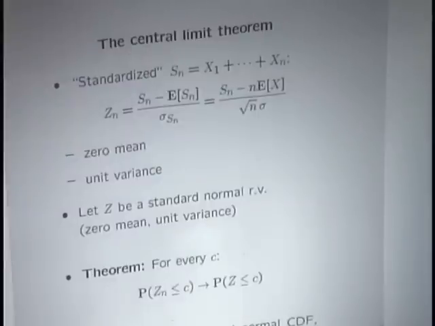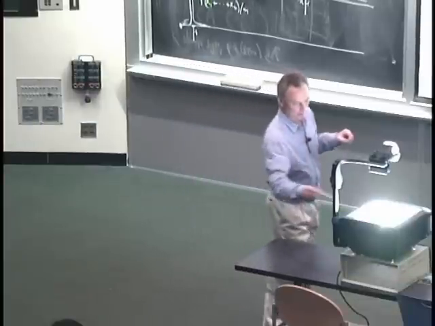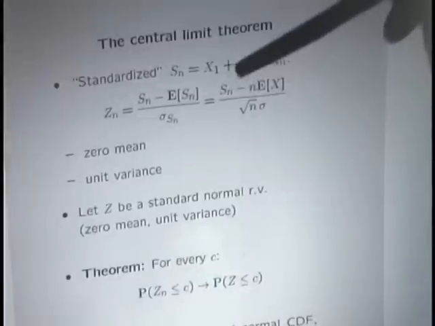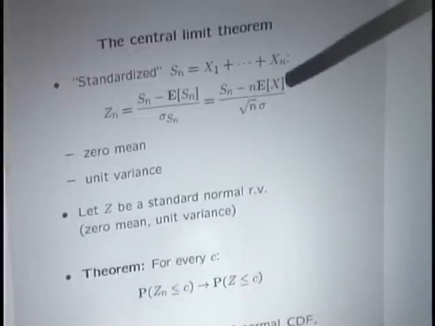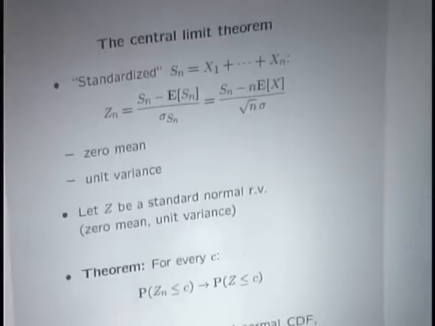Zn tells me how many standard deviations I am away from the mean. Sn minus n expected value of x tells me how much Sn is away from the mean value of Sn. And by dividing by the standard deviation of Sn, this tells me how many standard deviations away from the mean I am.